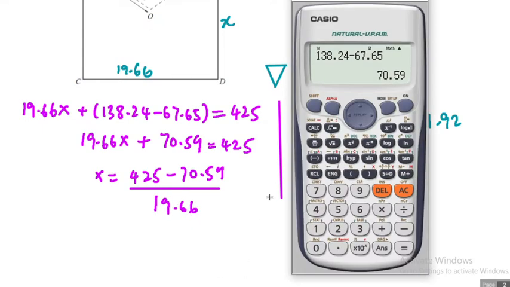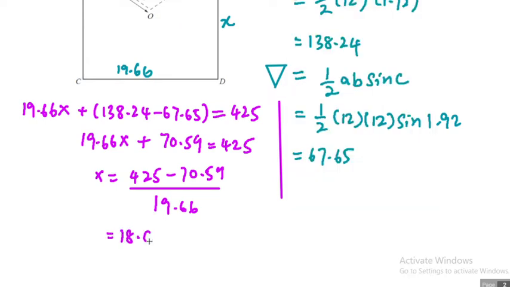Okay, let's see. 425 minus 70.59 equals first. And then we divide by 19.66. Okay, so you should get 18.02. Okay, so your x here is 18.02 centimeters, right? So yep, that is your x.